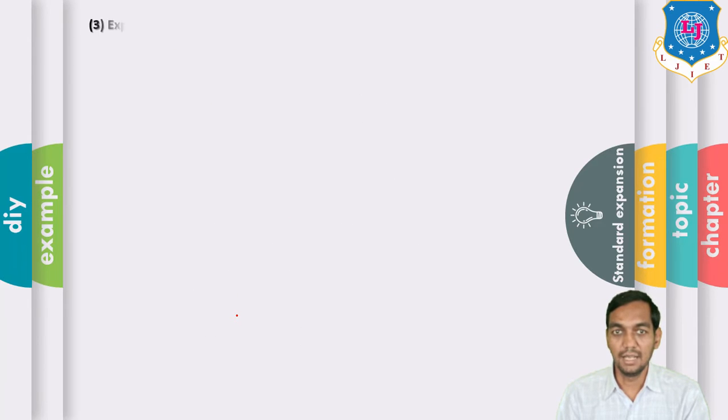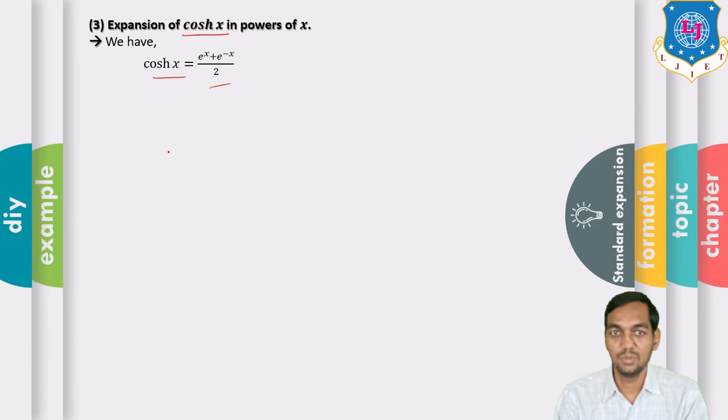Okay. Now, the expansion of cos hyperbolic. So we have cos hyperbolic x is e raised to x plus e raised to minus x divided by 2. Correct? So we have the series of e raised to x as 1 plus x by 1 factorial, x square by 2 factorial, x cube by 3 factorial, x raised to 4 by 4 factorial, x raised to 5 by 5 factorial and so on.